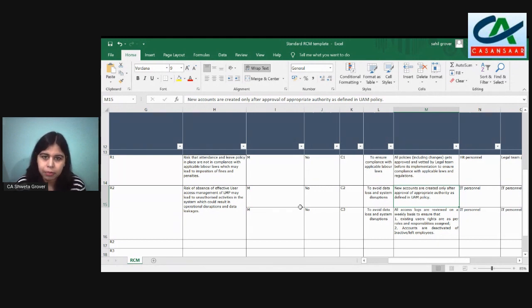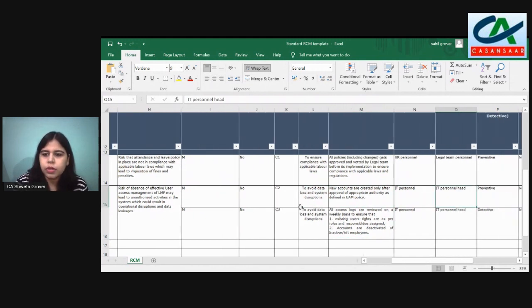That should be the ideal appropriate authority to approve new accounts, because the line manager is the person under whom the hiring happened, and of course HR should give a recommendation that a new account is required for this particular employee. You need to check whether all appropriate authorities mentioned are valid, and whether you want to add some new appropriate authorities in this process. That should be your checkpoint.